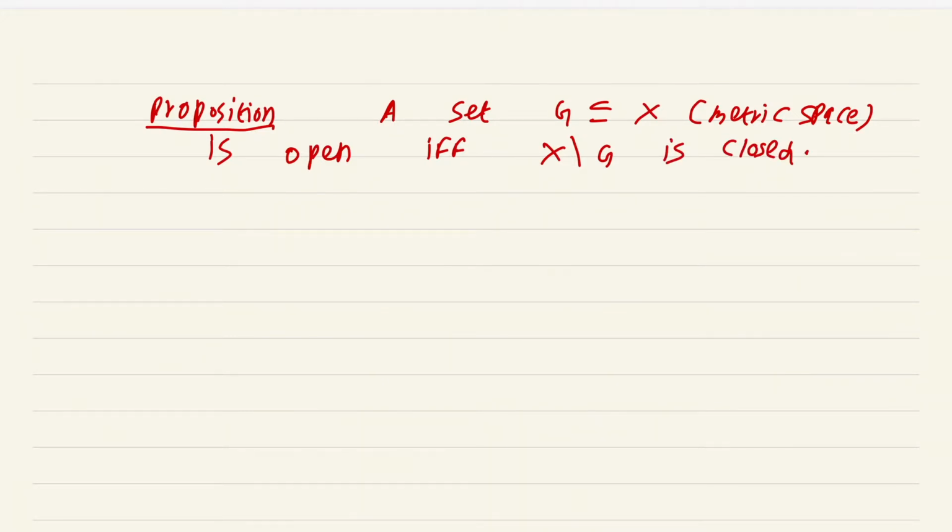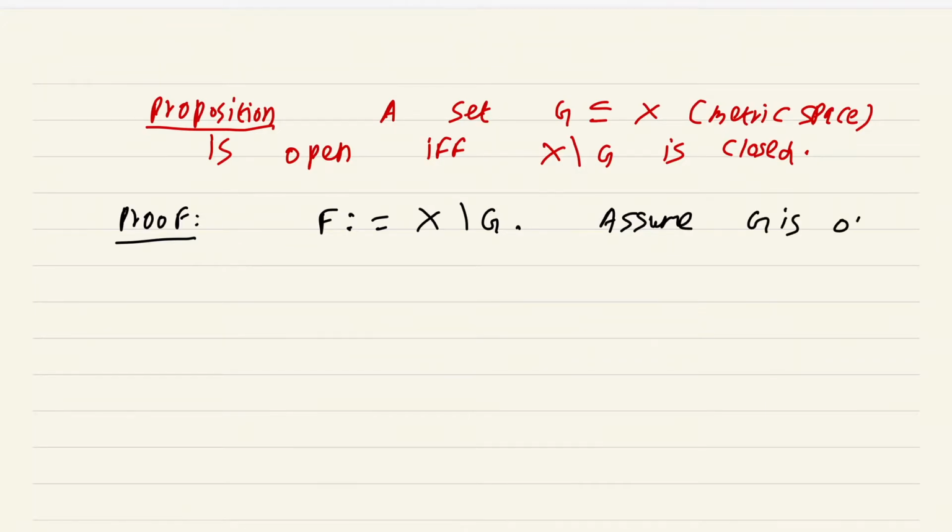Okay, so on to the proof. We just define F to be the complement of G in X. Now assume G is open. Our goal is to show that F is closed.